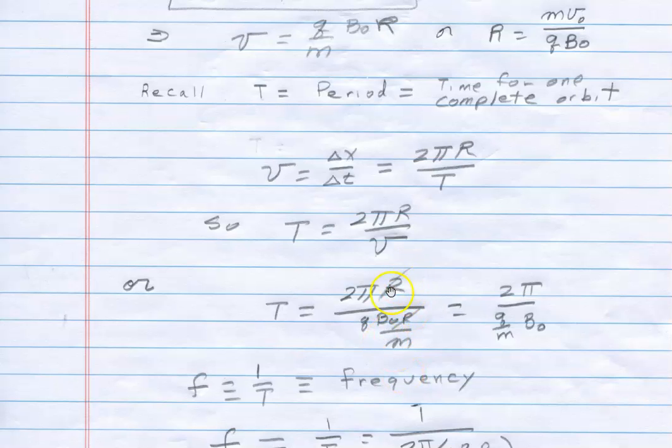And then kind of a miraculous thing occurs, and we'll talk about that some more a little later. But the r's cancel. And one gets that the period is 2 pi m over q B naught. And that's probably about as good a way to write it as any.